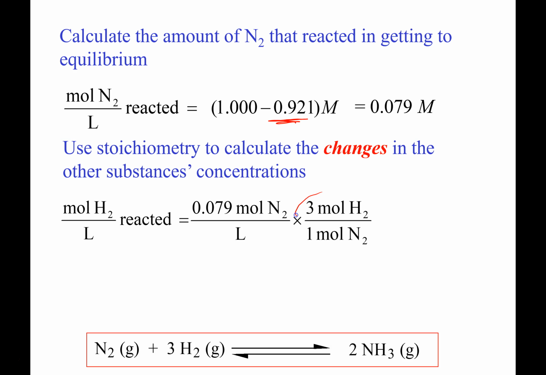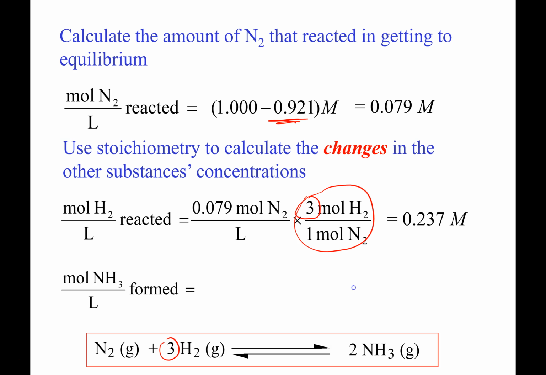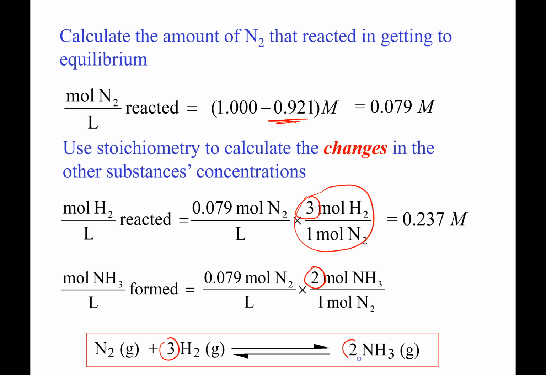The stoichiometric coefficient in front of the H2 is 3, so the change, as we said before, would be 0.237, and that's going to be a negative change because our equilibrium has to go from left to right. The amount of NH3 formed has a stoichiometric coefficient of 2, so the ratio is 2 to 1. So we get 0.158 moles per liter formed.